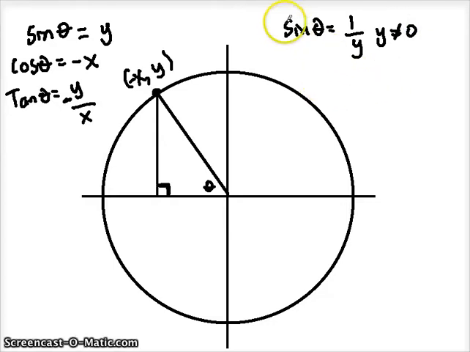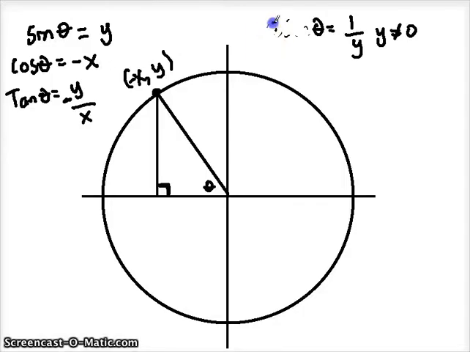Oops, I'm sorry, we're talking about cosecant there. Well, let me start over. The reciprocal of sine is the cosecant. That would be 1 over y, which is positive, and y is undefined if it equals 0. There we go. The reciprocal of cosine is secant, and that is equal to 1 over x.